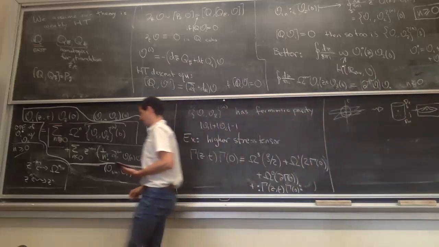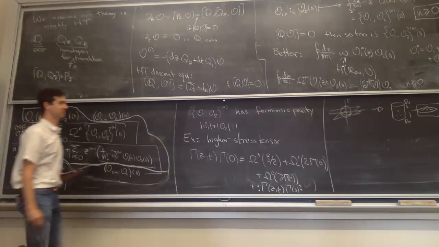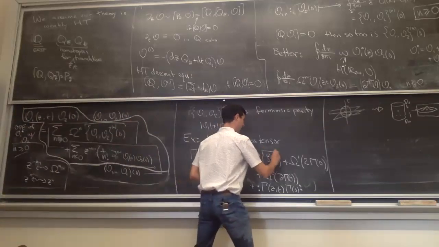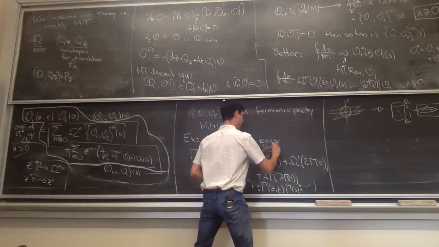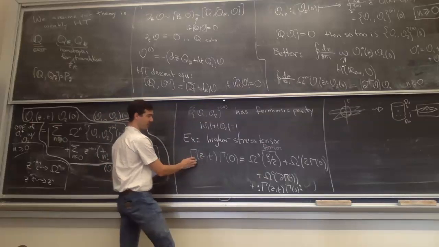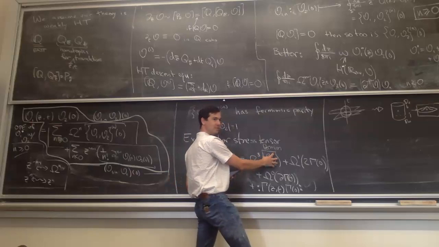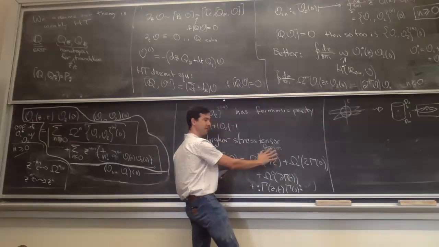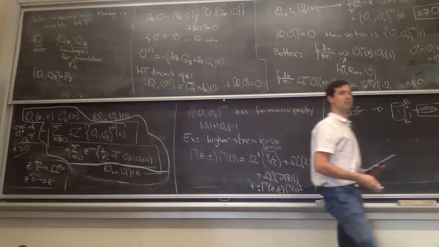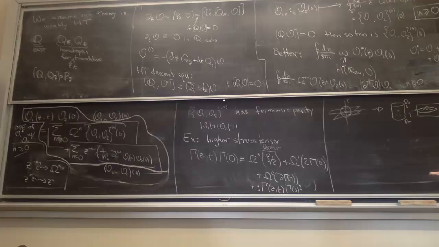One thing that should be screaming at you, or maybe I'll scream it at you, is that this thing is a fermion. This guy's got fermionic parity, this guy's got fermionic parity, this guy's got fermionic parity, so this thing better be a fermion for anything to make sense. So this raviolo stress tensor has a central charge with cohomological degree.